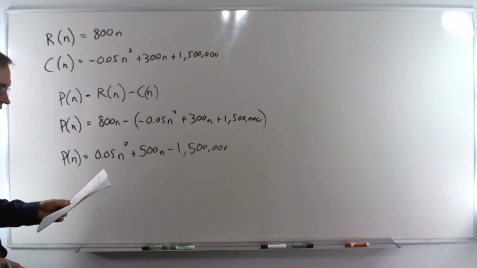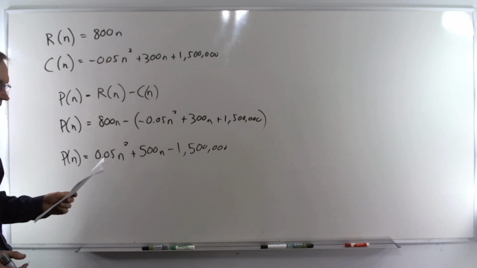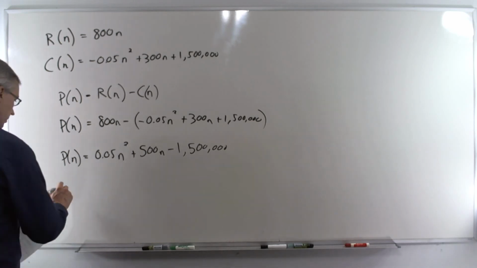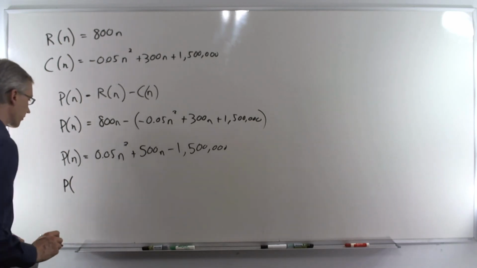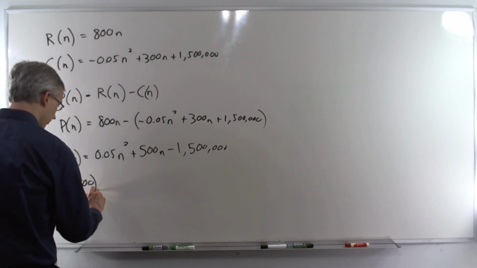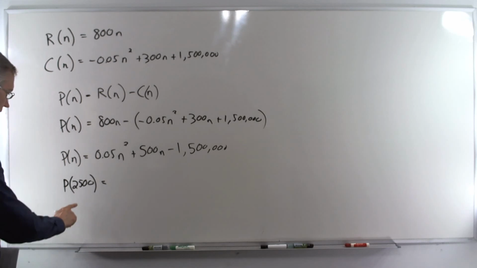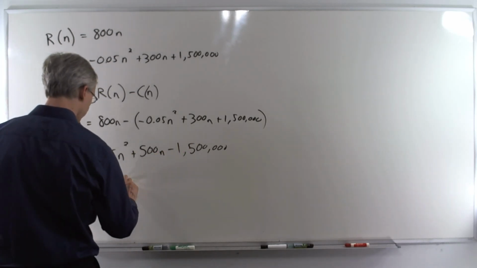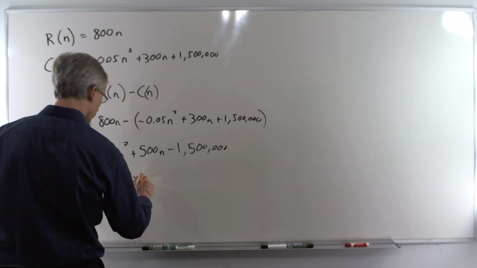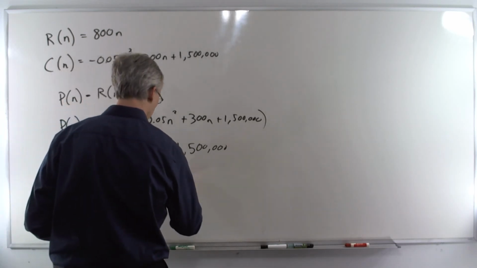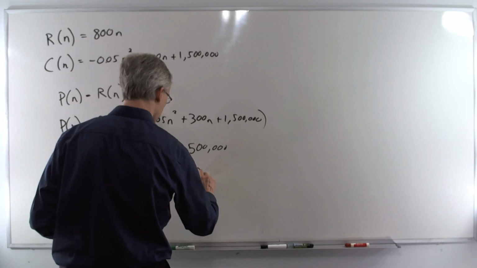All right, now we want to determine the profit if the company sells 2,500 units or 5,000 units. So N is the number of units we're selling. So let's say we want to figure out how much profit we get from 2,500 units. So we're going to plug in 2,500 into this equation. So that's 0.05 times 2,500 squared plus 500 times 2,500.